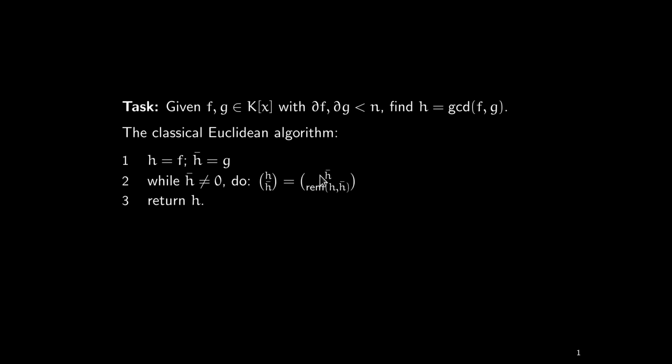And that's why I know in advance that this will eventually terminate. I can also give a bound. The bound is the degree of f, because if it goes down by at least one step in every iteration, then after n iterations at the latest you will be done, but you may be done earlier.